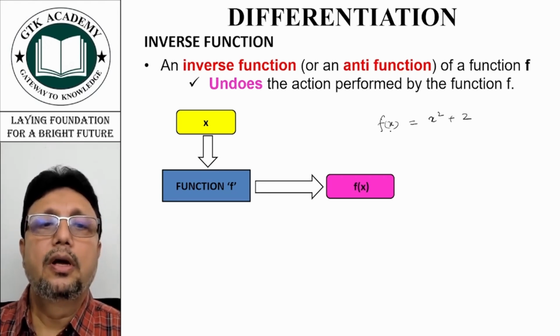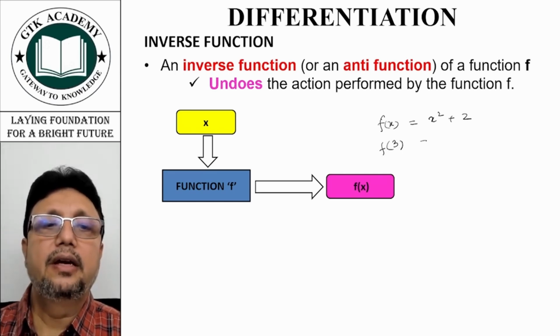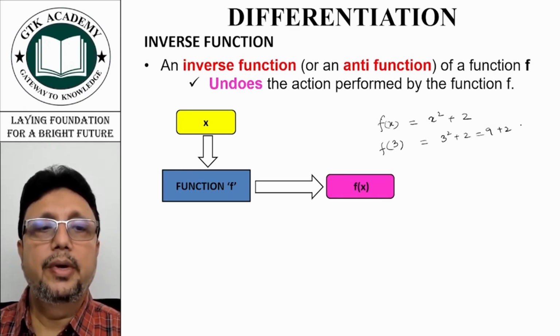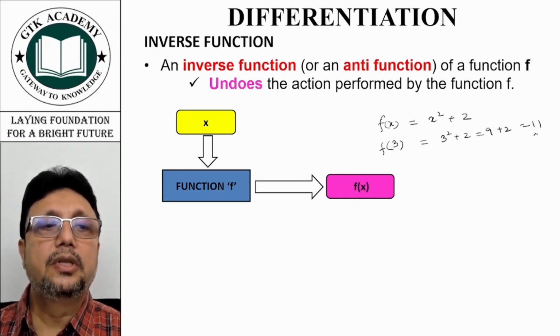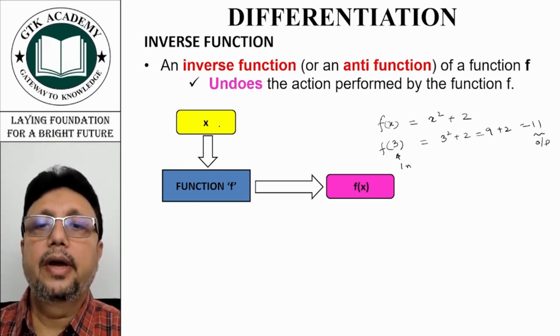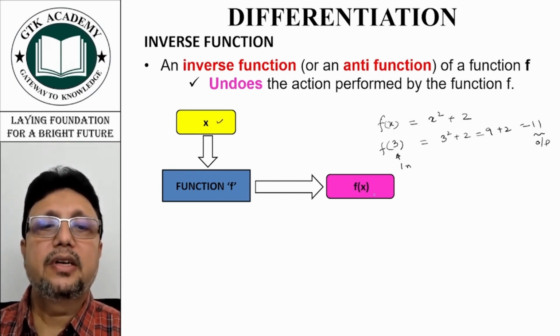Now, if you put the value of x as 3, f(3) is equal to 3 square plus 2, is equal to 9 plus 2, which is going to be 11. So, this is your input and this is your output. Here x is the input and f(x) is the output.